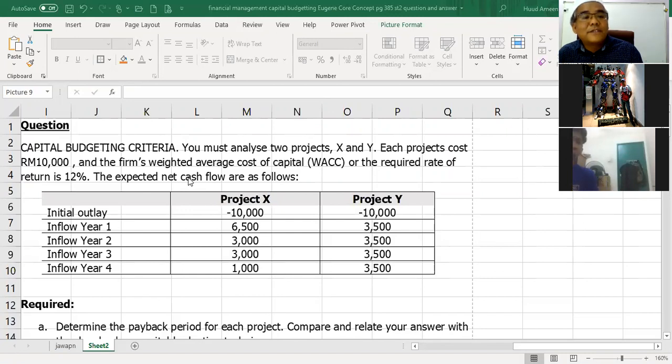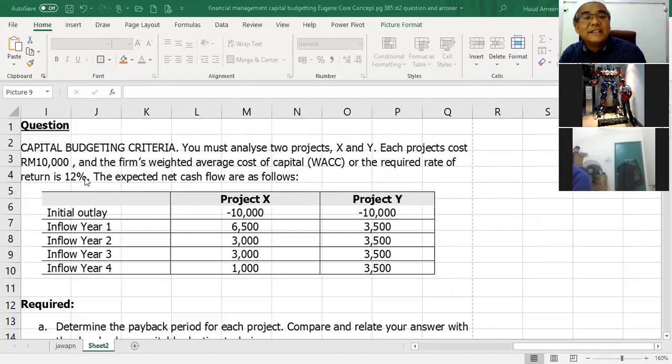And the firm's weighted average cost of capital, WACC, or the required rate of return, is 12%. In financial terms you use I equal to 12%, or some books use K equal to 12%.